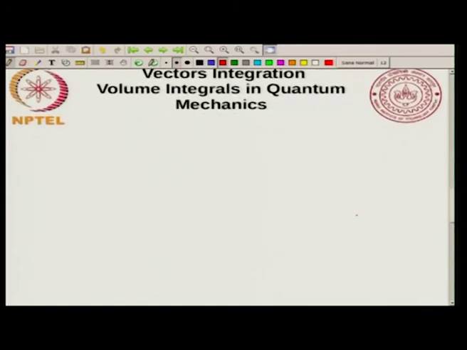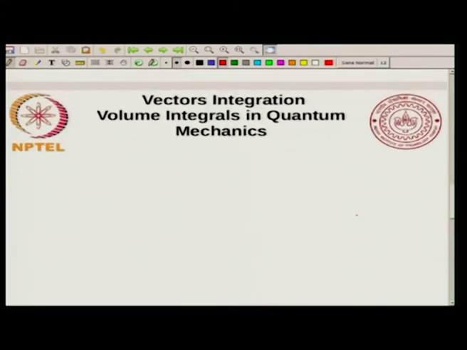I just want to mention one thing, that volume integrals you see very often in quantum mechanics. Suppose you have a particle in 3 dimensions, for example an electron in a hydrogen atom.